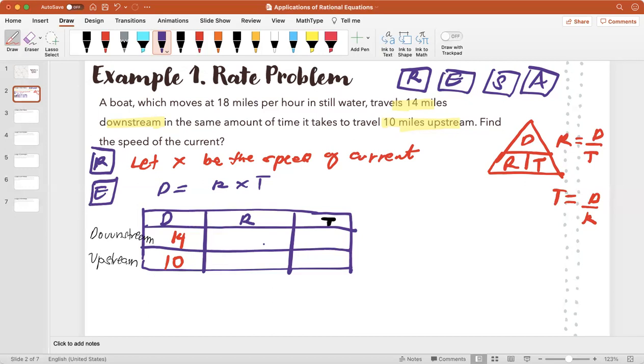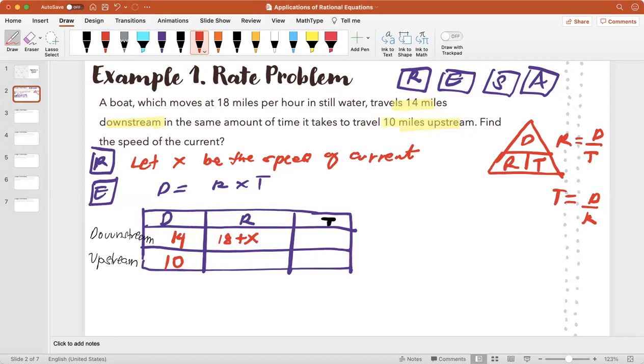That is the rate of the boat plus the rate of the current. So that would be 18 plus x. That's why you are faster, because it's not only the rate of the boat, it's also the rate of the current. So you're faster when you go downstream.